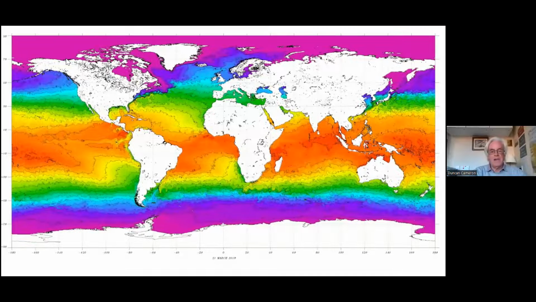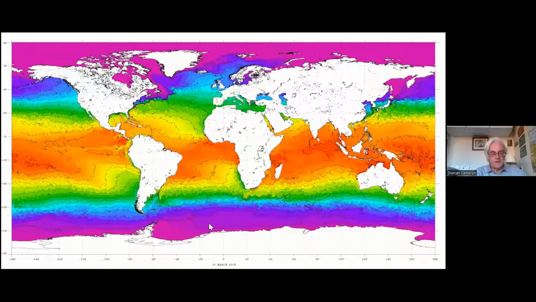This is just an example of the sort of image which you will see, because over the last couple of years, I've been doing quite a bit of research on oceans and the part that oceans are playing in climate change, global warming, and CO2 emissions. And one constantly comes across maps that look like this. This is actually to do with temperature.